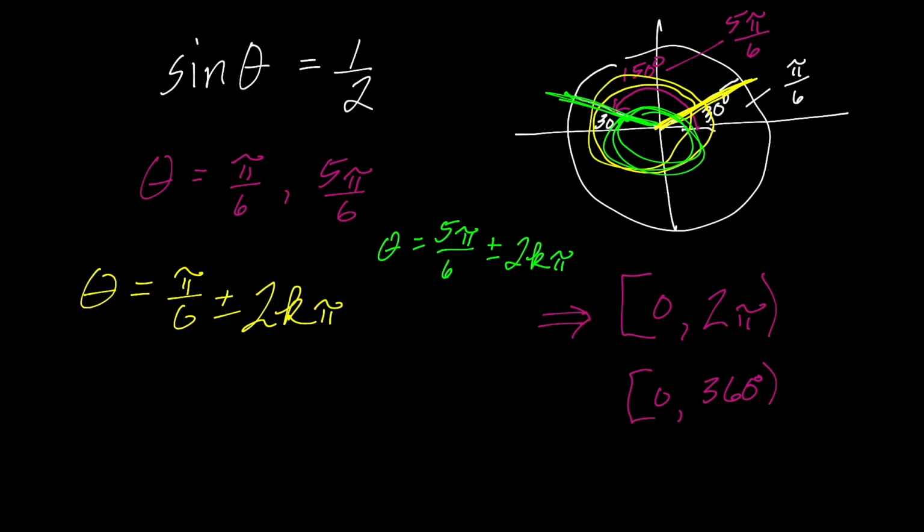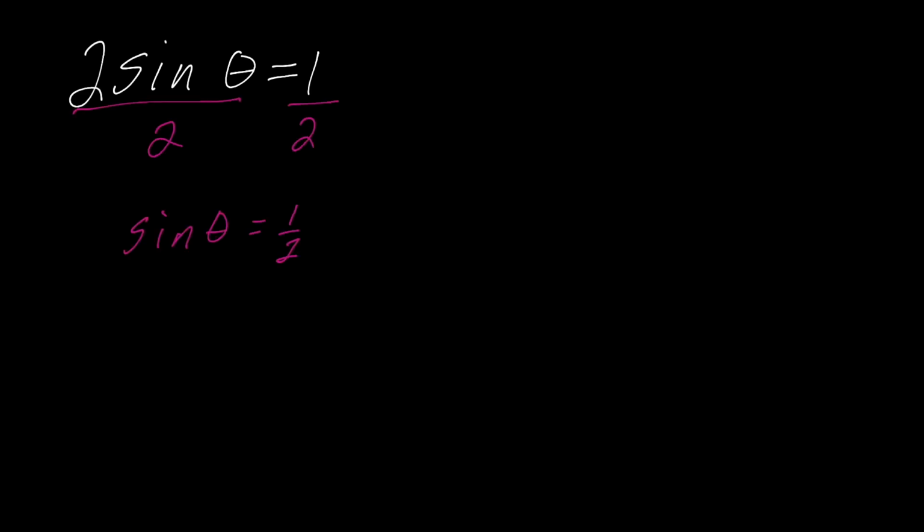It's just one step further in the equation. So we already know we're going to be pi over 6 plus or minus 2k pi and 5 pi over 6 plus or minus 2k pi.